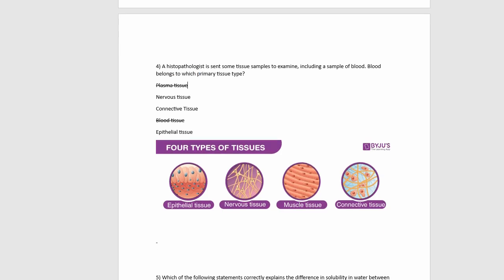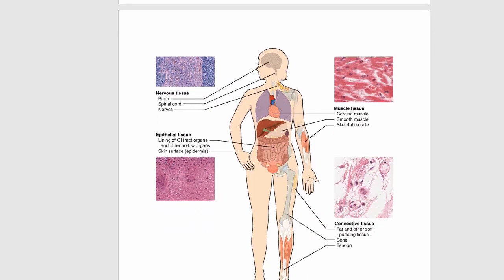Now we want to figure out, okay, what is blood? Which of these 4 is it? And for that, I'm going to get another diagram because I'm a very visual learner. Okay, so let's go through these, shall we? Nervous tissue is composed of neurons, so nerve cells, and neuroglia, the supporting cells.